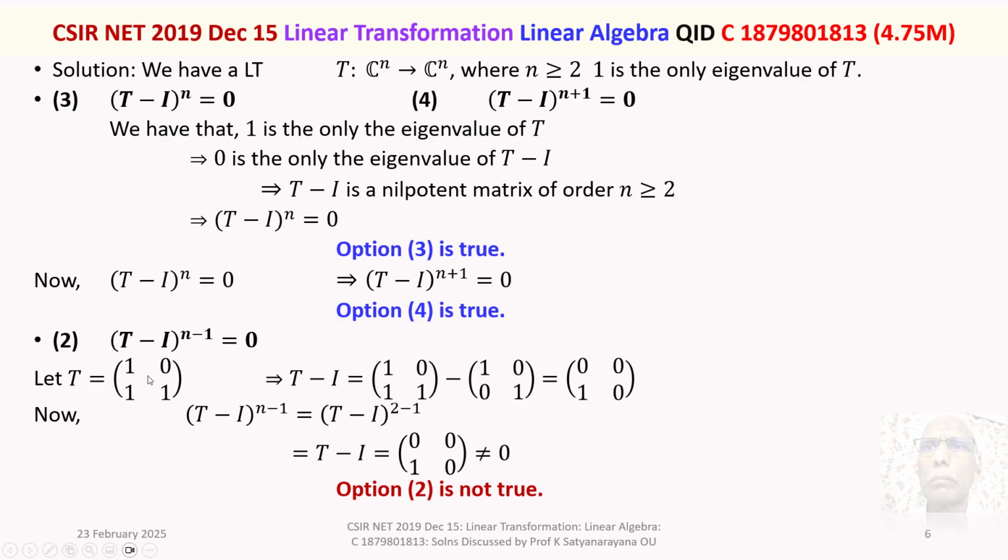And the T we have considered has 1 as the only eigenvalue. Agreed? So option 2 is not true. Combining all the options, we get the answer as options 3 and 4.